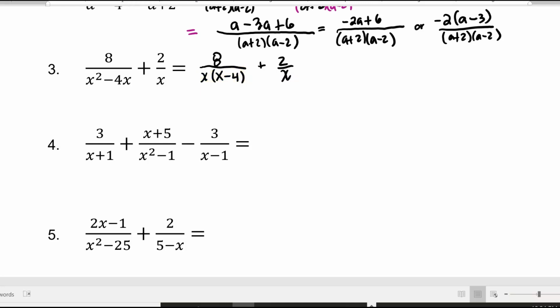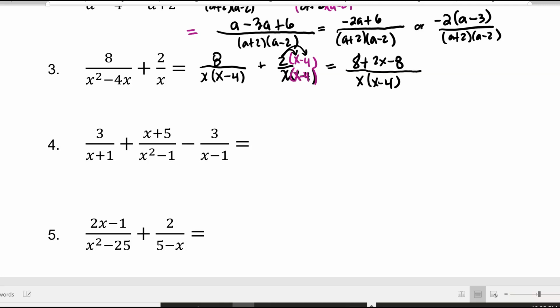So what we can do is multiply the second denominator by x minus 4 and the numerator as well. So when we rewrite this fraction as 1, we have 8 plus, we're going to distribute on the right, 2x minus 8 over x times x minus 4.